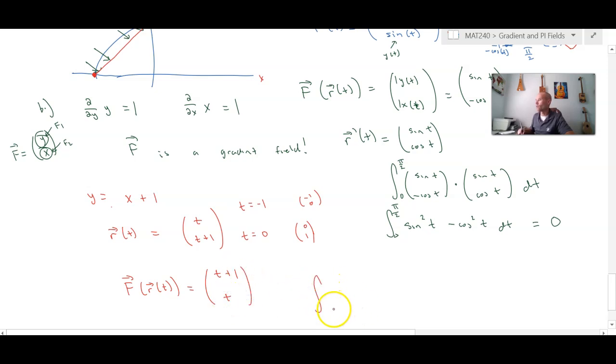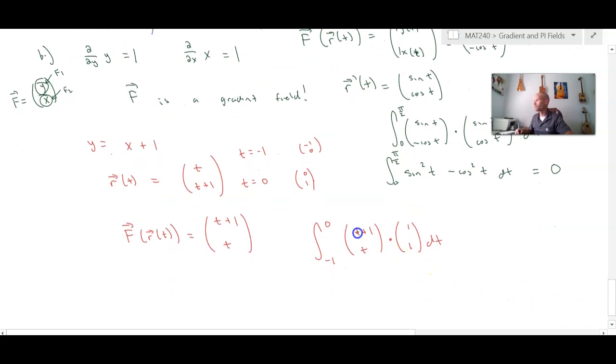And now I can compute my line integral from -1 to 0 of the position vector t plus 1, t, evaluated into our vector field, times the derivative of the position vector. The derivative of t is 1. The derivative of t plus 1 is 1. Integrate this with respect to t. Find the dot product. We get t plus 1 plus t, which is 2t plus 1. Integrate that from -1 to 0.